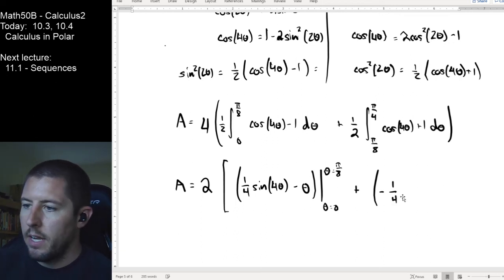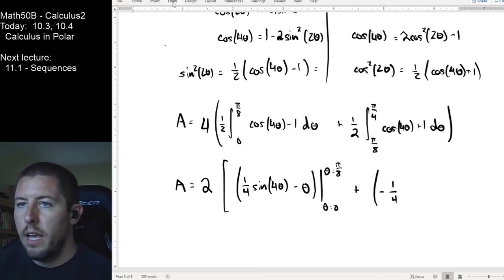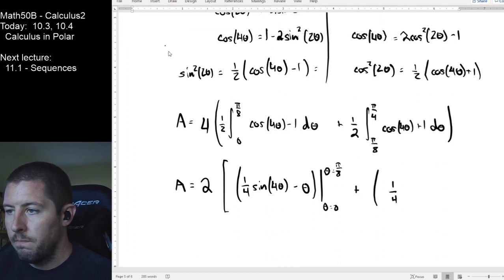Oh wait, no, we're not. We're not getting a negative anything. The integral of cosine is sine, it's not a negative. And that's going to be plus theta. We evaluate this from theta equals pi eighths to theta equals pi fourths.